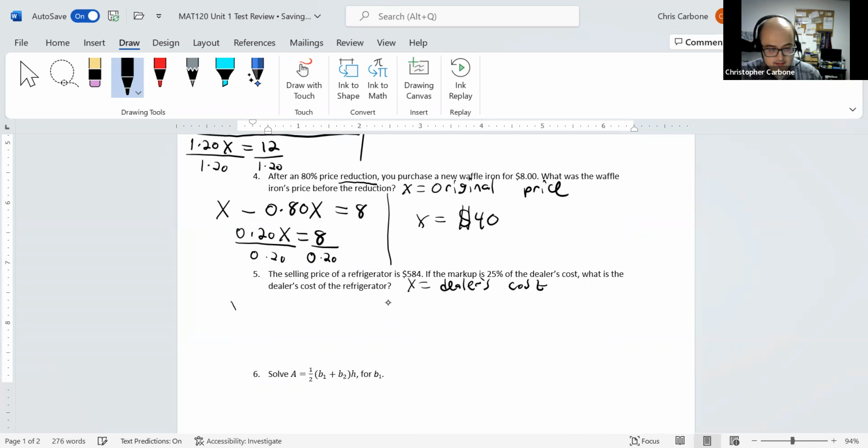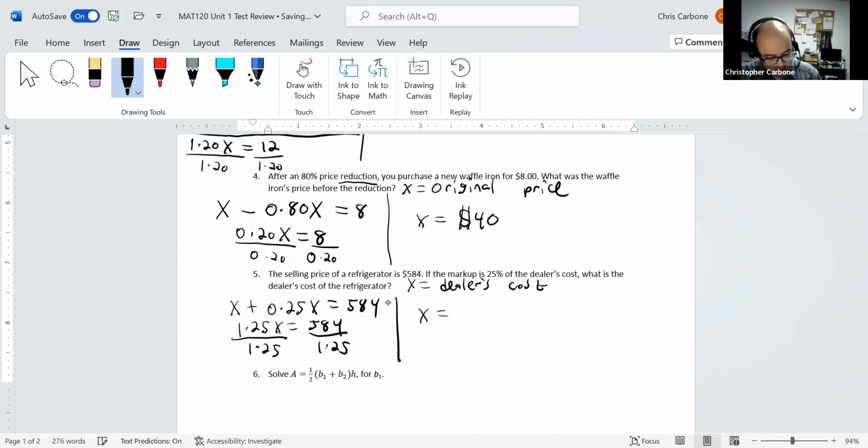So this is going to be x plus 25% of x is equal to 584. Combining the left-hand side, we get 1.25 times x is equal to 584, divided by 1.25. We get that dealer's cost, x, is equal to $467.20.